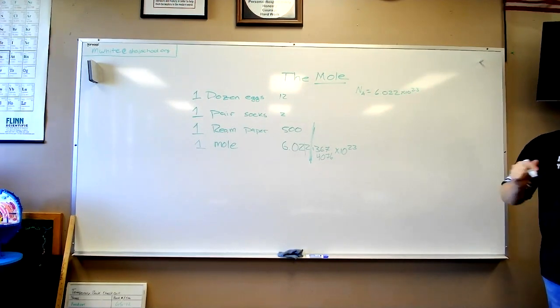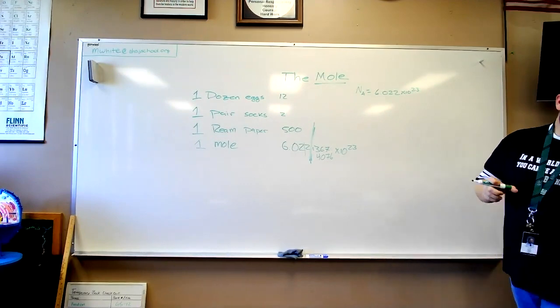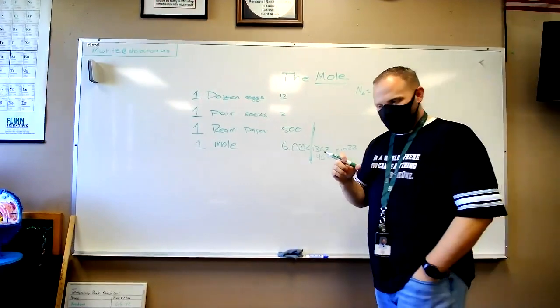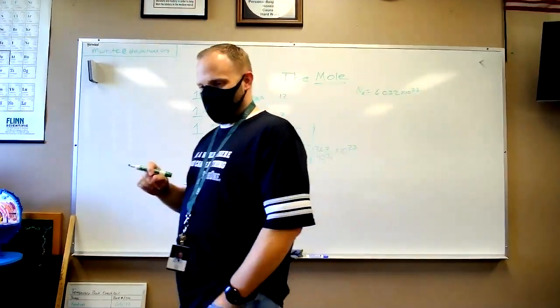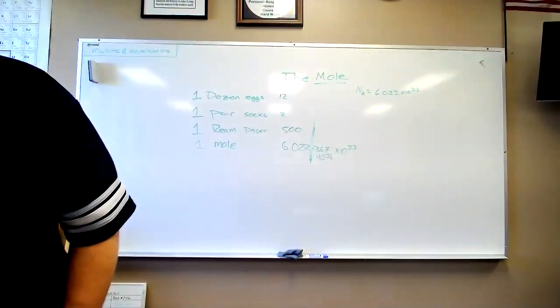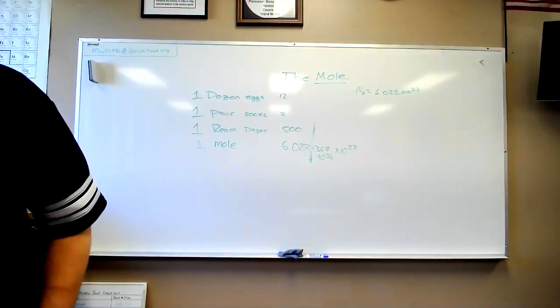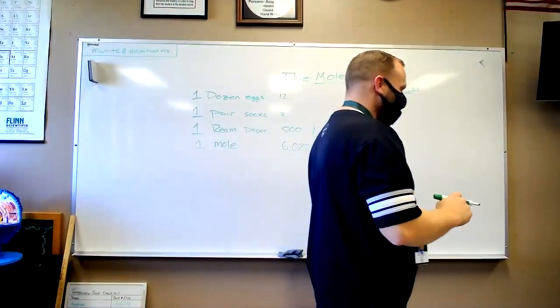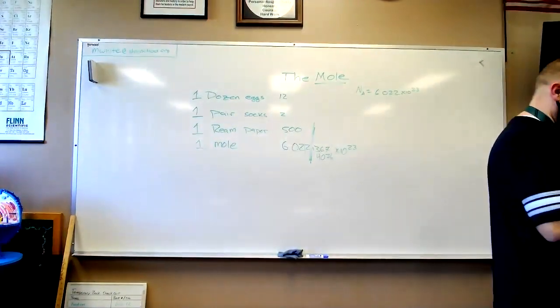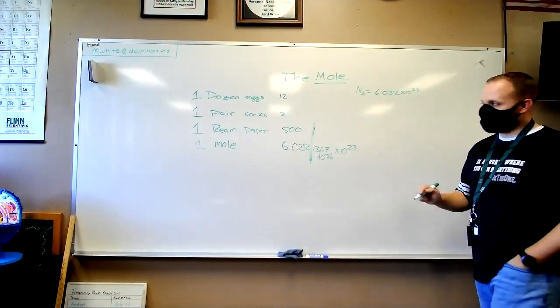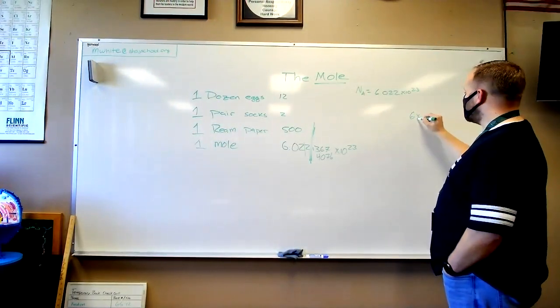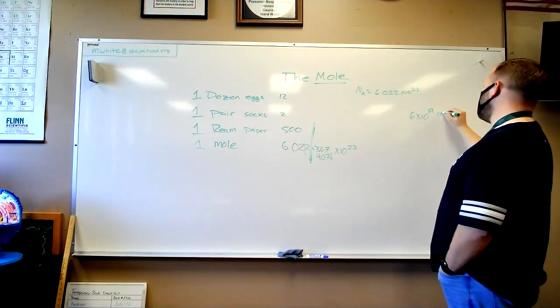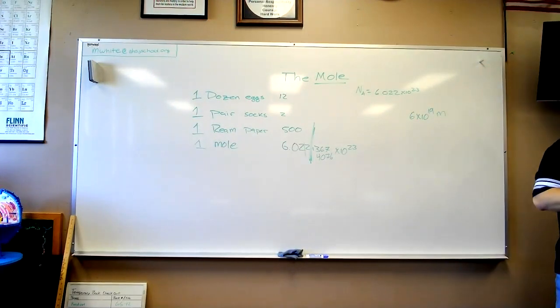In fact, if we had a mole of paper sheets stacked on each other, that pile would be approximately 6 times 10 to the 19th meters high. Whoa. There you go.